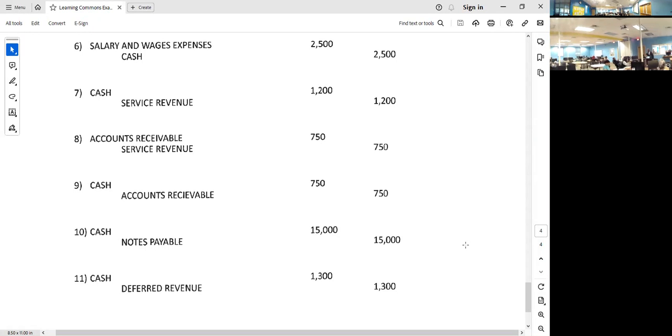That's how the equation is. Your expenses and your revenue are going to move over to the equity, making the equity go up or down.